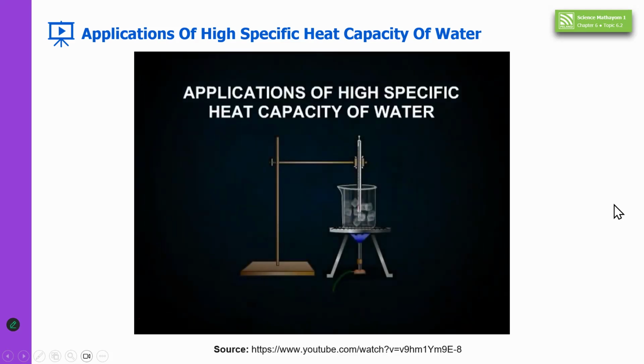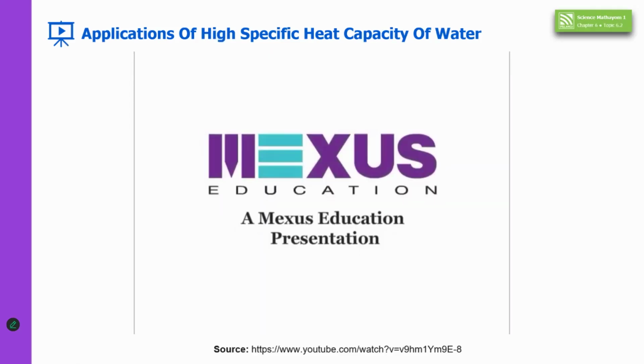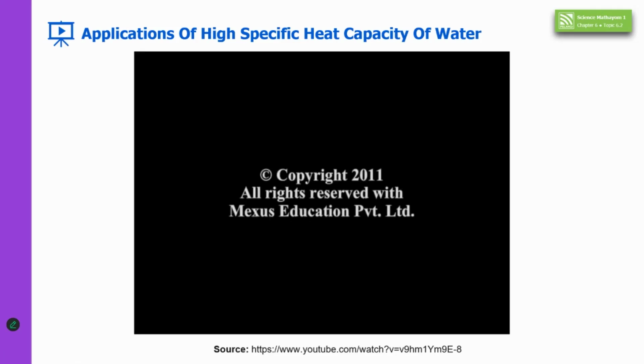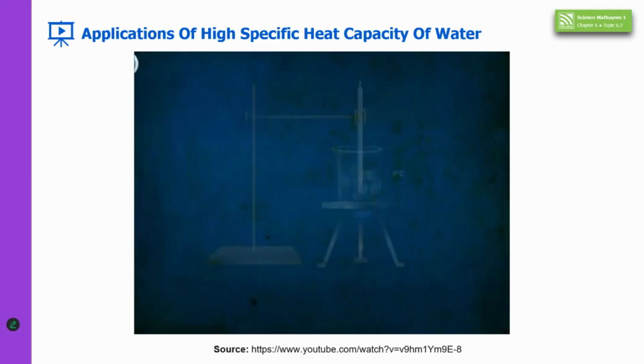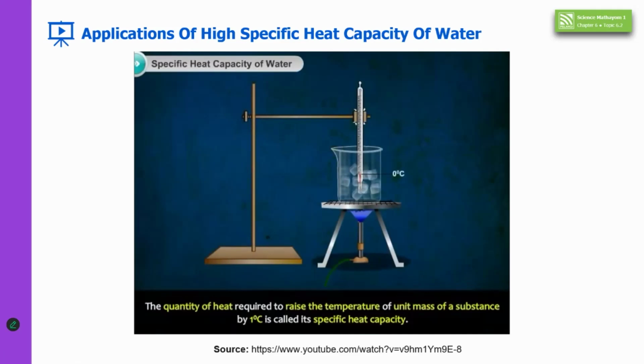Applications of high specific heat capacity of water. The quantity of heat required to raise the temperature of unit mass of a substance by 1 degree Celsius is called its specific heat capacity.